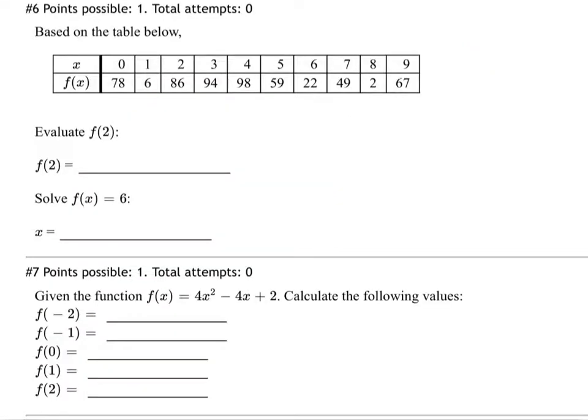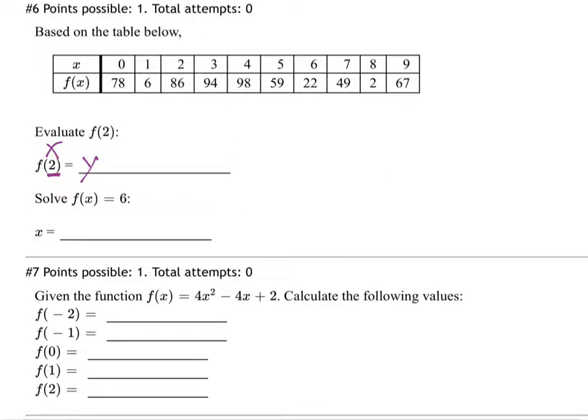Same kind of thing on this table question. They want us to take this table, and when they put the 2 in the parentheses, is that an x or a y? Again, that's x. So they want you to find x is 2 and give them the y value that goes with x is 2 from the table now instead of from a graph.